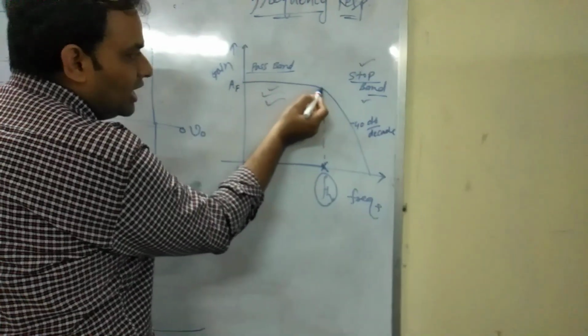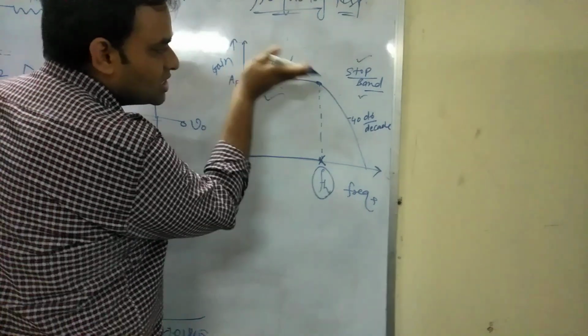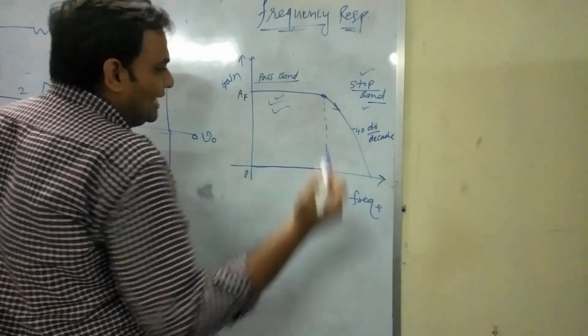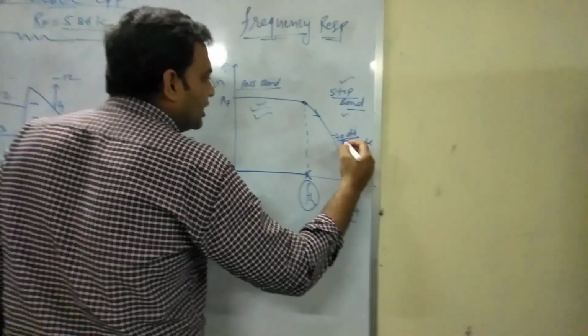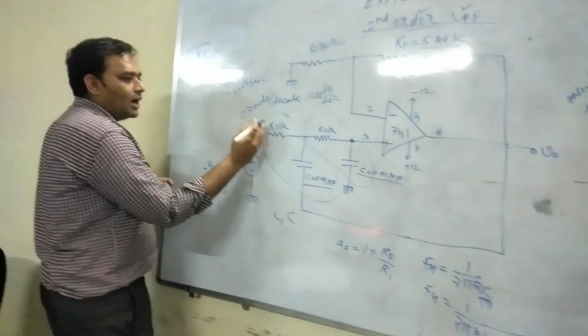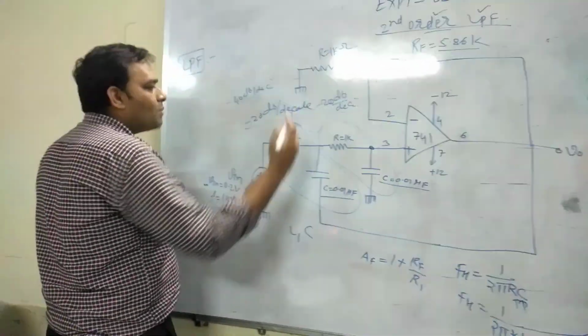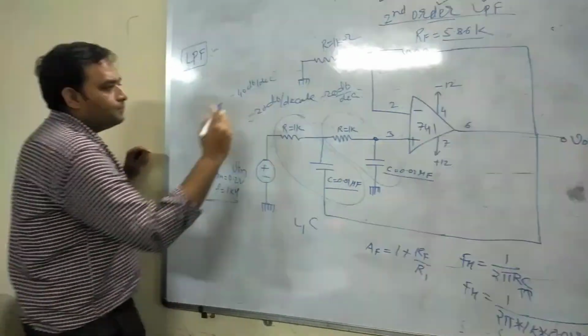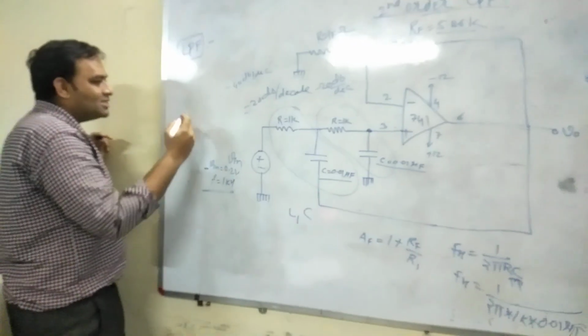My filter will give output in the pass band, and it is going to attenuate the output at stop band. So here my frequency response is going to degrade by minus 40 dB per decade. Why? I have already told you one RC network will give you minus 20 dB per decade decrease in output.